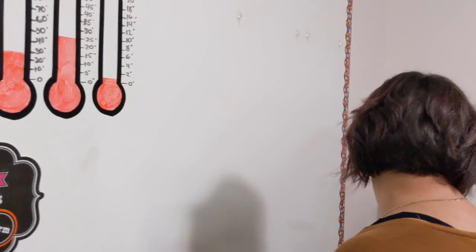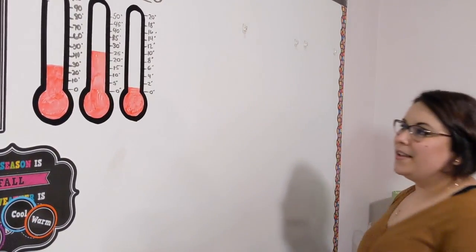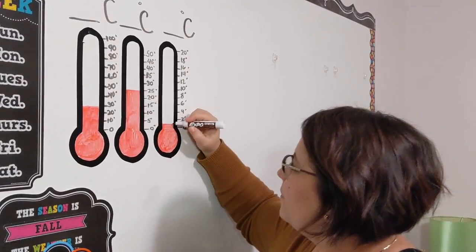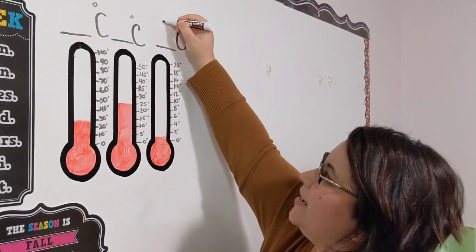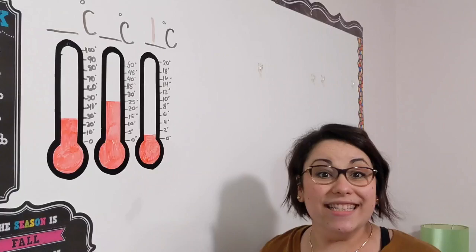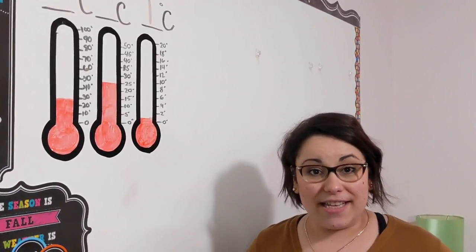Oh, hey, wait a minute. We are here at 1 degree. This thermometer is showing 1 degree Celsius. In Canada, we measure temperature in Celsius and not Fahrenheit.